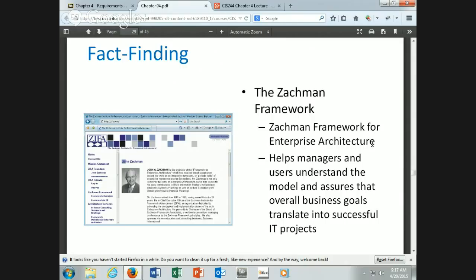So the Zachman framework, for enterprise architecture, helps managers and users understand the model and assures that overall business goals translate into successful IT projects. Again, just a few years ago, if you could spell computer, just do whatever you want. Design, develop whatever you think our business needs.